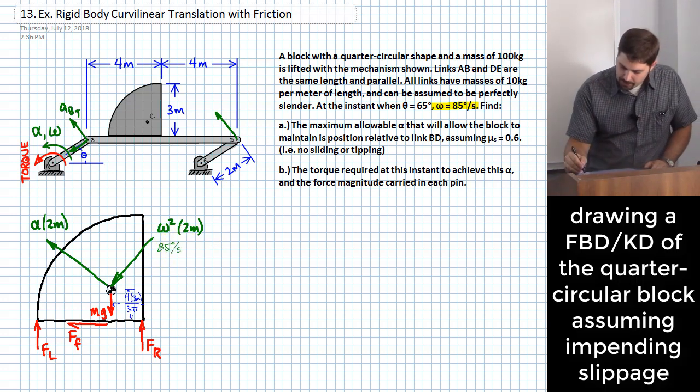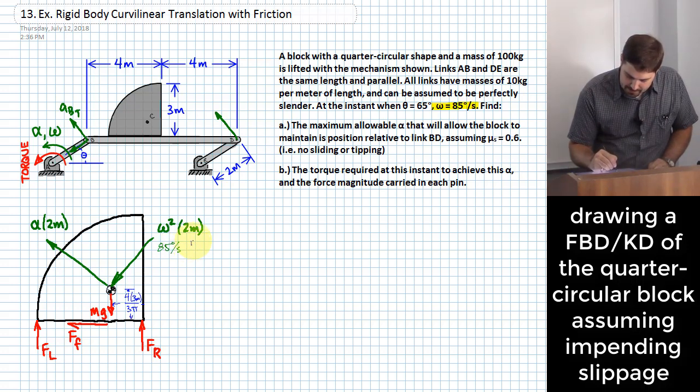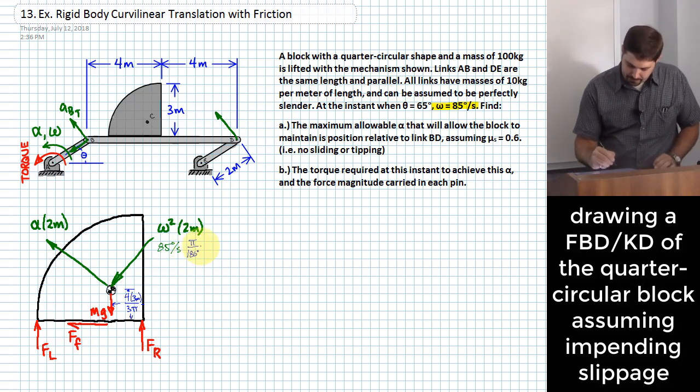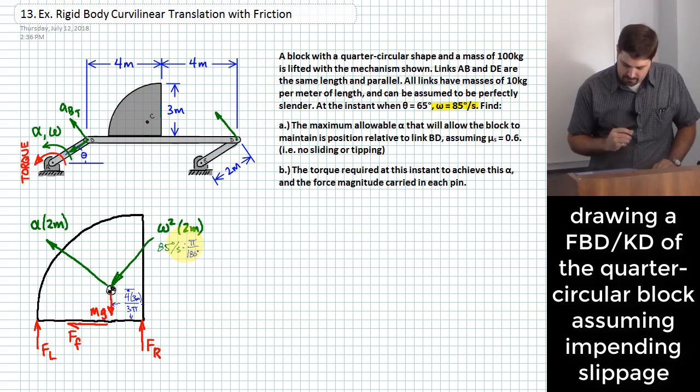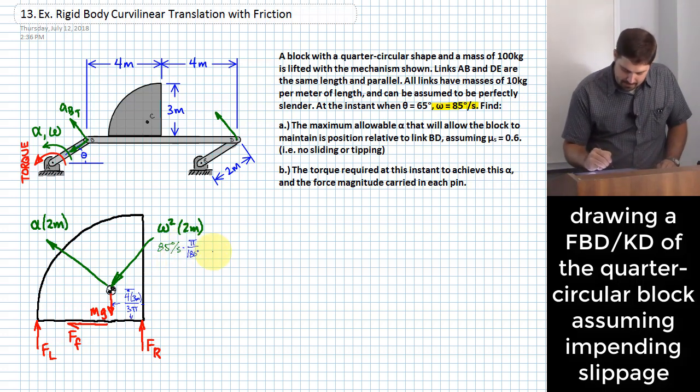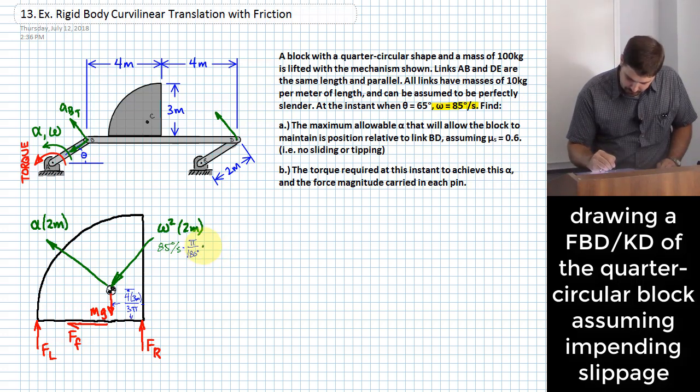Okay, why don't I go ahead and work this a little bit? If I change this to radians, I have to multiply by pi over 180, and I could then multiply it by 2 meters like this.